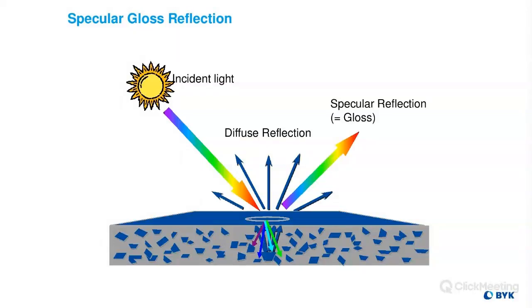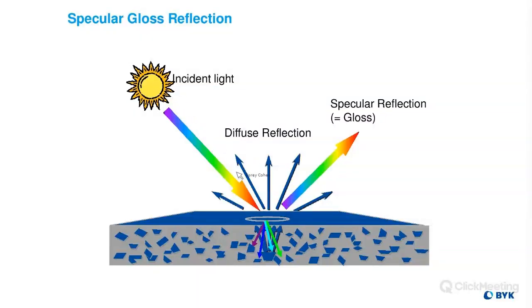There's going to be some absorption going on. And that light that's interacted with the pigments is going to be colored. The pigments absorb certain wavelengths of light, reflect others, and then that light that has interacted with the pigments is reflected diffusely.